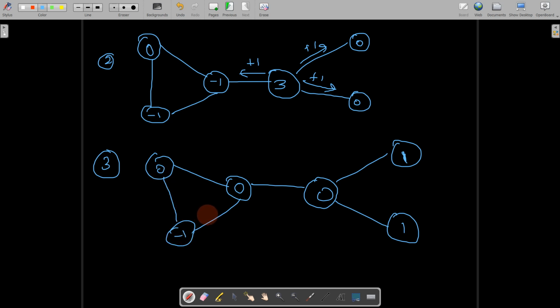Now we have to make this node positive, and for making this node positive, I again have to make this node positive. So again from these two nodes, we will send 1 unit to this node, in the fourth and fifth moves.